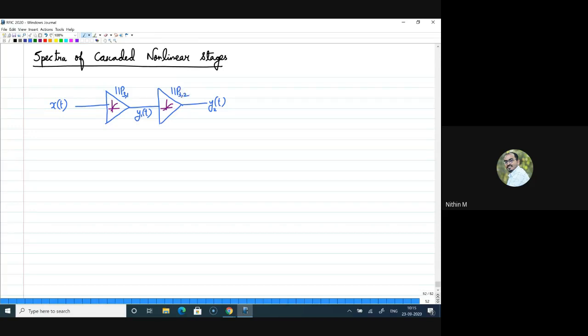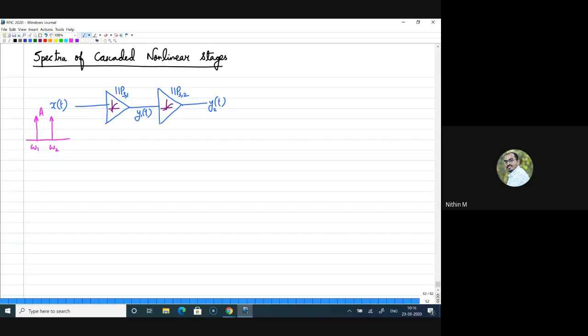Again we will look at the spectrum of the stages, considering the input as two tones appearing at omega 1 and omega 2 with amplitude A. Actually, we should consider the amplitude as A by 2, as you know the spectrum of a cosine wave has amplitude A by 2.